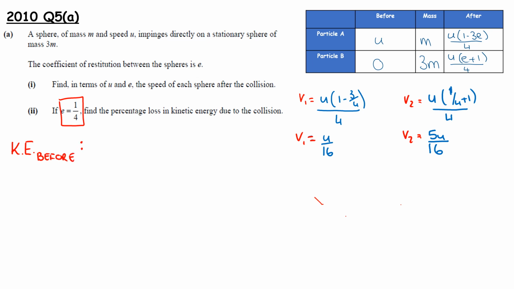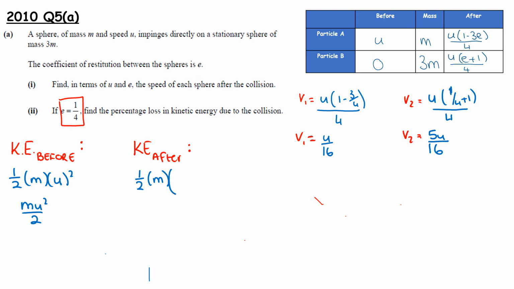So before, it's going to be a half mv squared. So that's mu squared over 2. Then after, kinetic energy after, and that's going to be a half m.